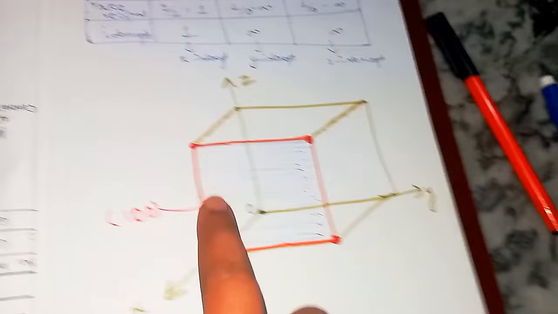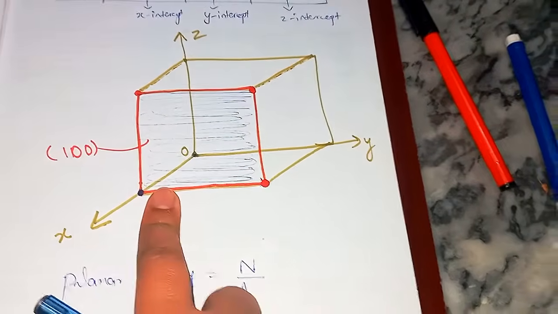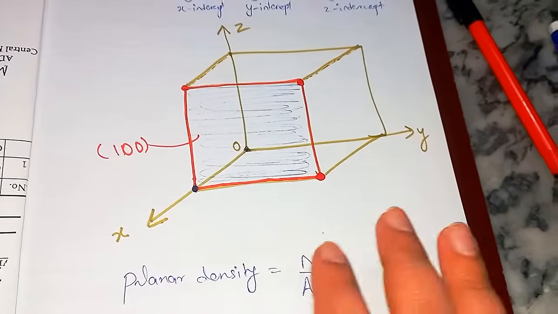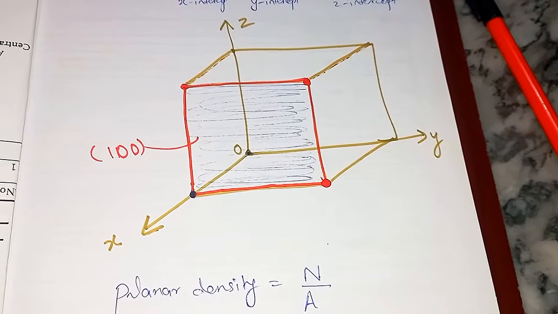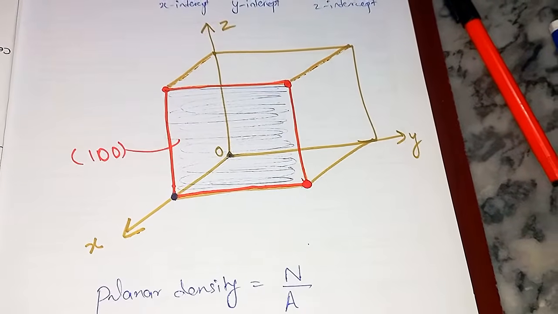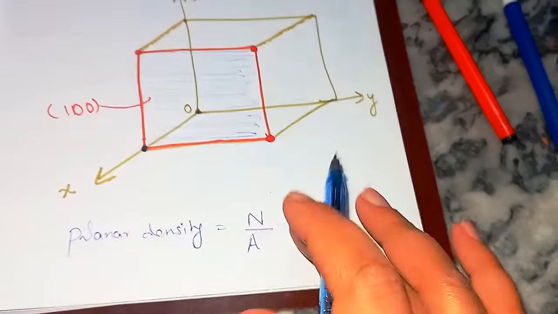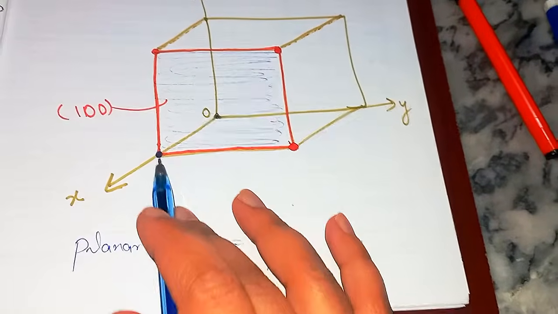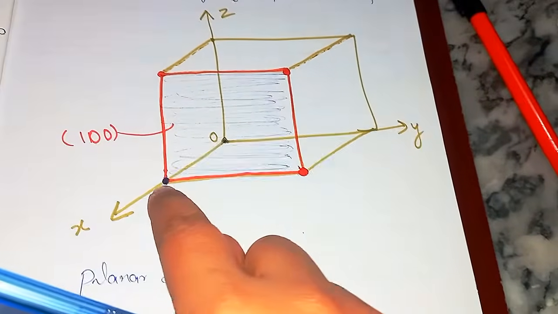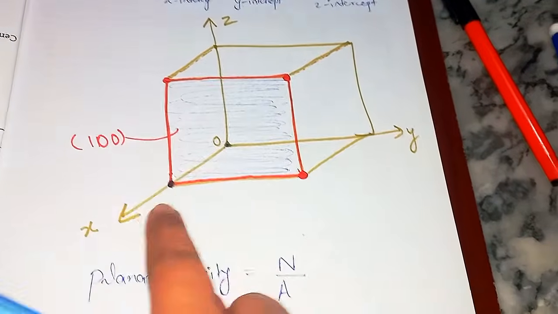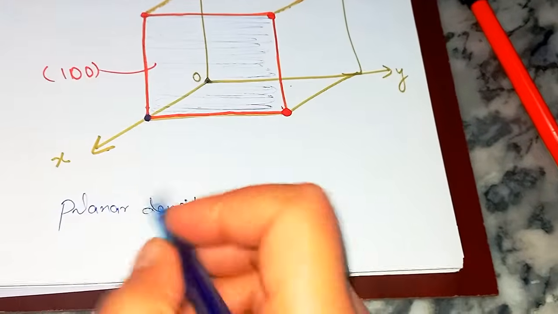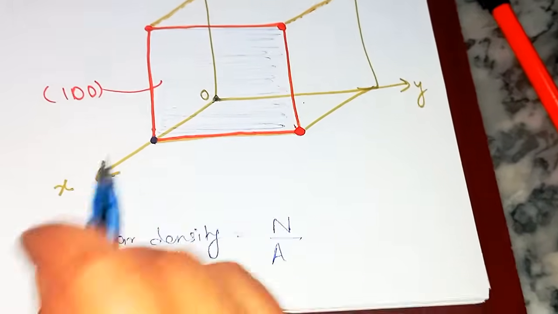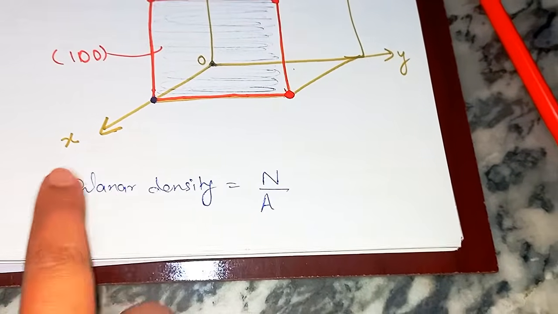And we have this figure, and we'll be calculating its area, and let's see how we can do that. First of all, I'm going to calculate the area of the plane, and then we can have a discussion about the number of atoms that are centered on the plane and so on. We can see here that the area of the plane is really simple. It's a square shape since it's a cubic structure, and let the lattice parameter be A. You have to write down this formula first, and then you'll write down this.